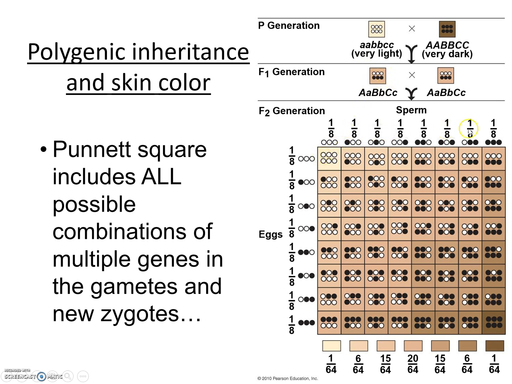So you can see all of these different possible combinations coming out of this process with our F2 generation. You can have somebody who comes from two parents with medium or dark colored skin, and they can actually have a kid who is lacking that dark pigmentation, and you can go to the opposite extreme, and the child can have even darker pigmentation to their skin.